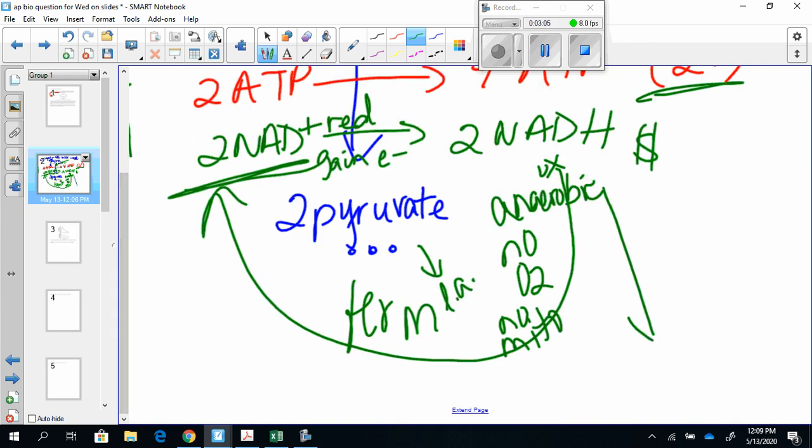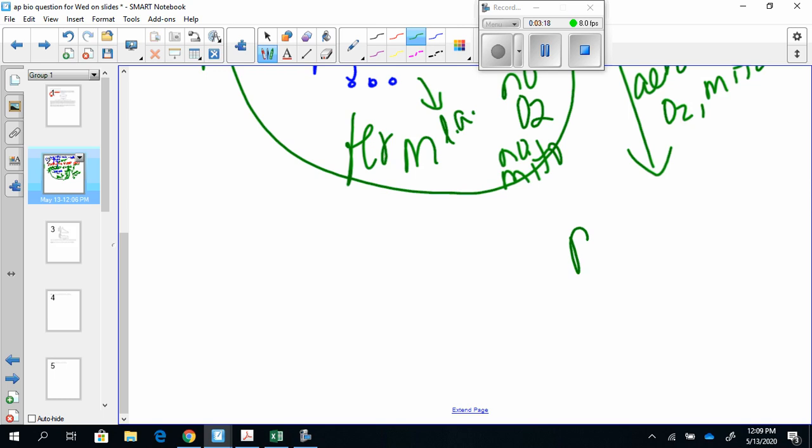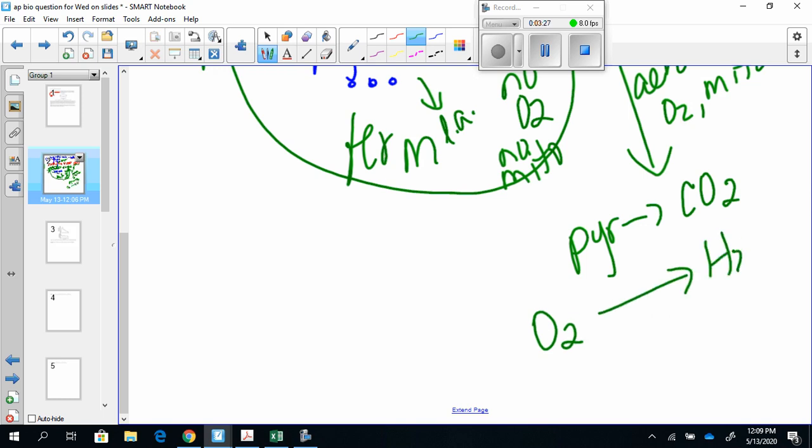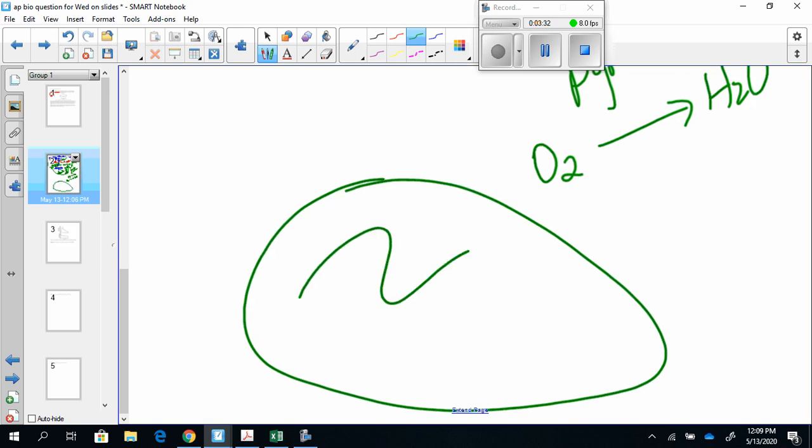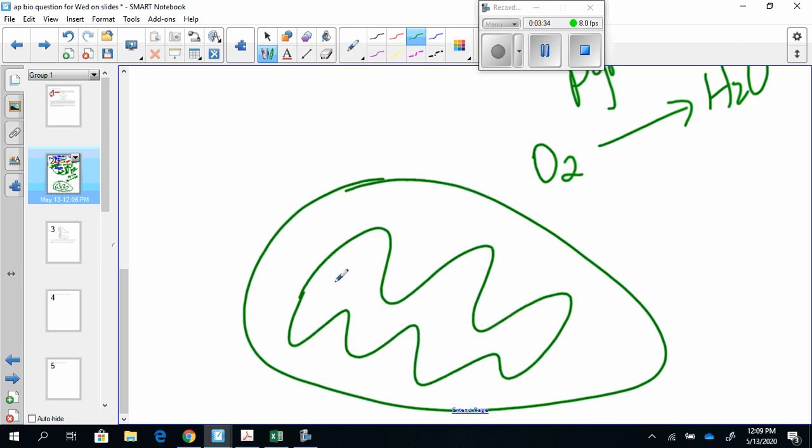Or the other possibility, which is where I definitely call it cash money, is the aerobic pathway. In the aerobic pathway, you have to have oxygen and you have to have mitochondria. You're going to change all the pyruvates into CO2, and you're going to use the oxygen to end up forming water. And if I draw a big mitochondria, the NADH is right here. It gets oxidized.